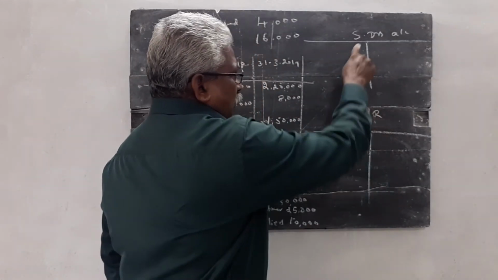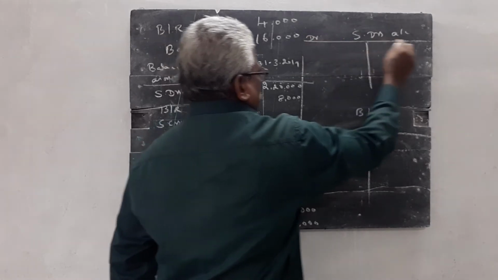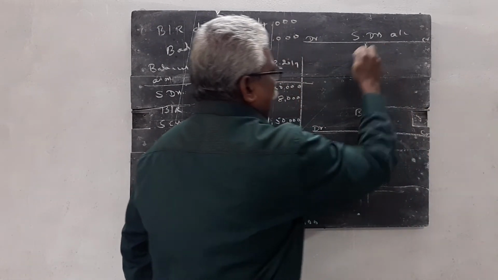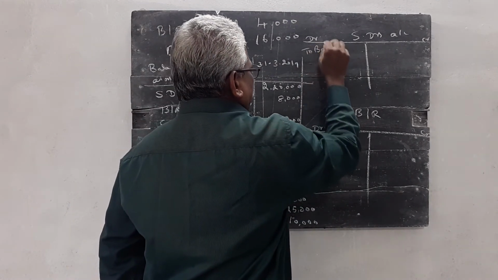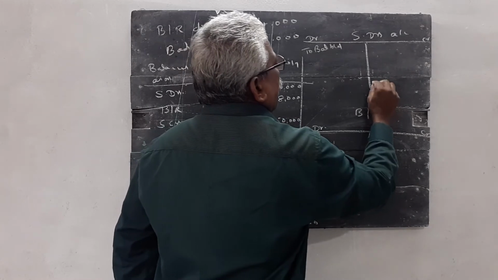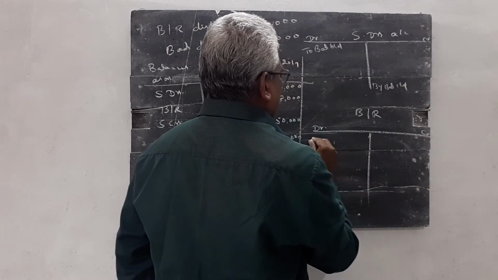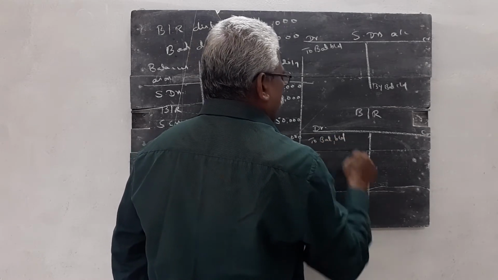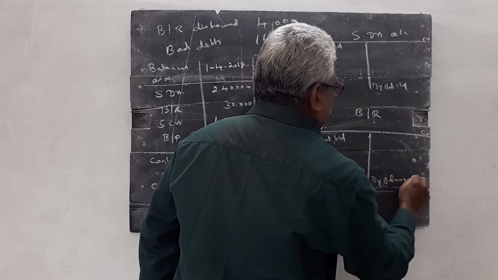First we write debit. Debtors show the debit balance. Bills receivable and sundry debtors are more or less the same. To balance brought down, by balance carried down.